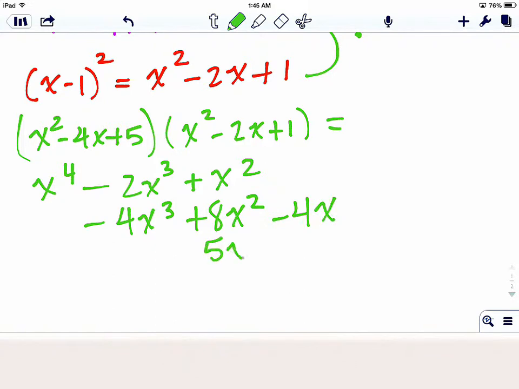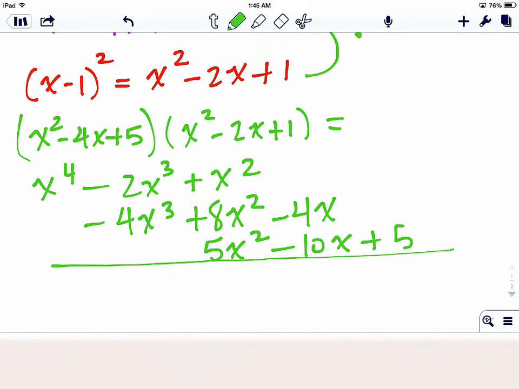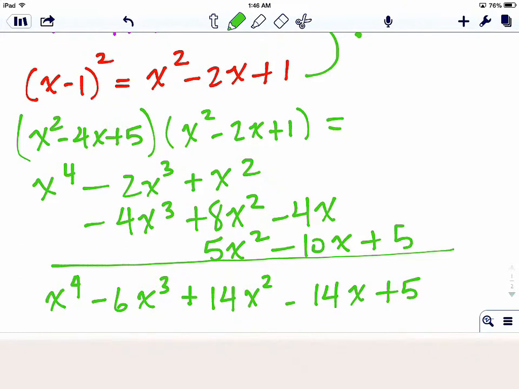We'll have 5x squared minus 10x plus 5. Now all that needs to be added together, giving us the polynomial x to the 4th minus 6x cubed plus 14x squared minus 14x plus 5.